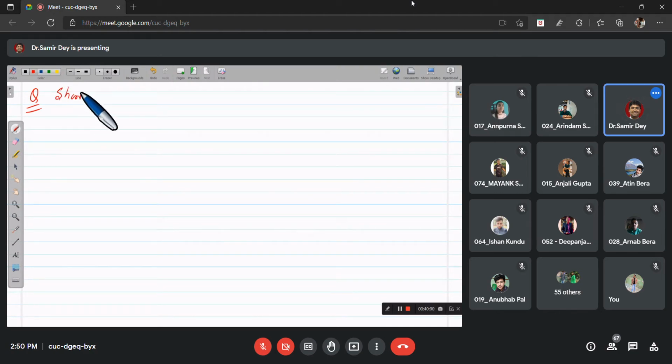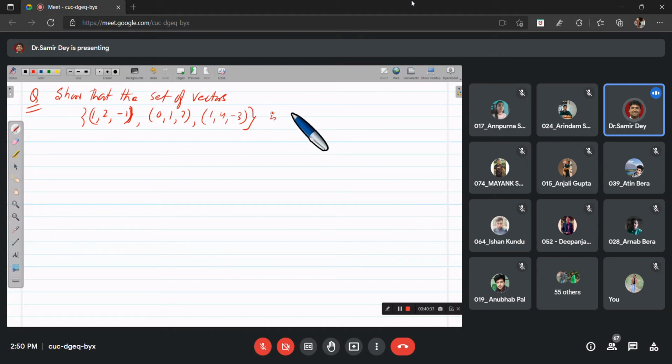The set of vectors (1, 2, -1), (0, 1, 2) is linearly... Please write down the question.